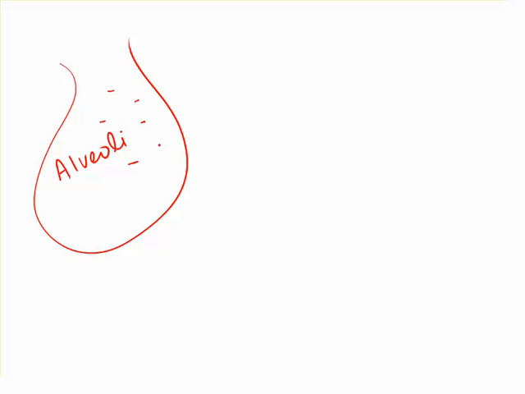Tuberculosis is a bacteria. It comes to the lung because the bacteria is in the air. So the person breathes that bacteria, and it goes to the lung. In the lung alveoli we have macrophages, and they are called alveolar macrophages.